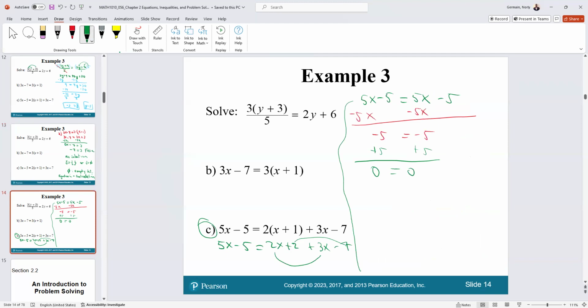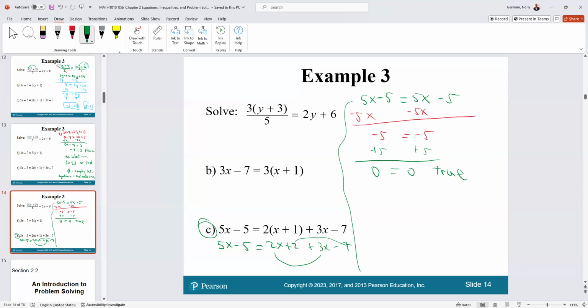In the previous one, we got negative 7 equal 3. That was not true. It's false. Negative 7 is not equal to positive 3. But here, 0 is really equal to 0. That's true, because both sides of the equation are identical.